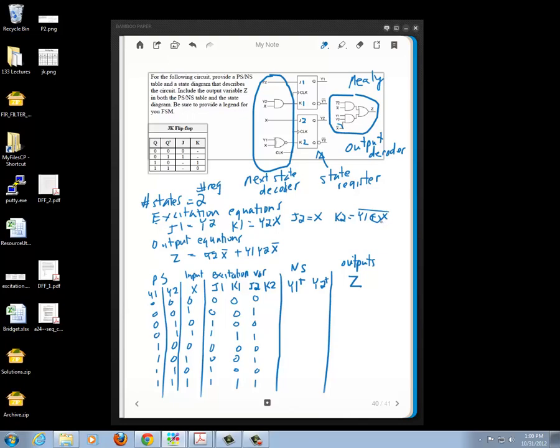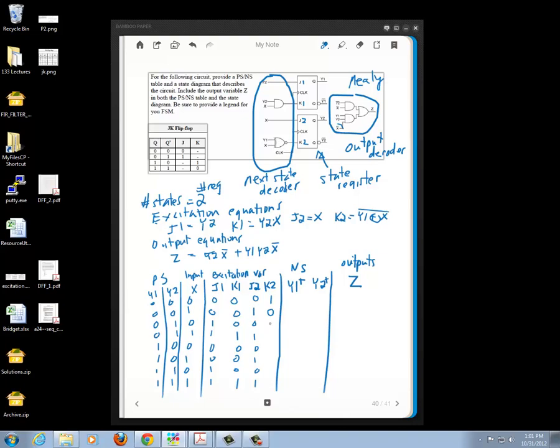So remember, the exclusive NOR is checking to see whether the inputs to the exclusive NOR are the same or not. Okay, so Y1 and X are both 0, so our output K2 is a 1 because they are the same. Again, here we have Y1 and X are different, so the exclusive NOR will output a 0.